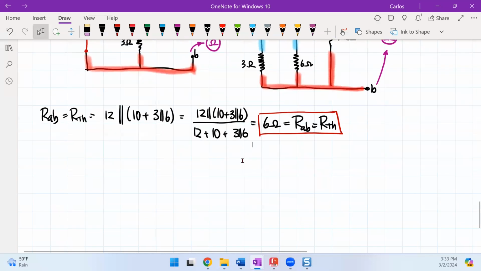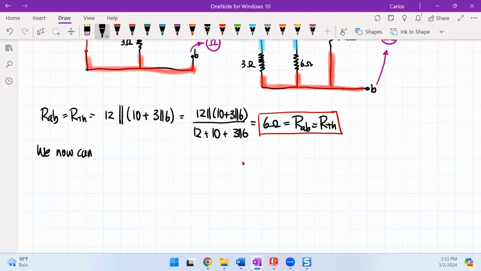Now we have everything. In other words, we now can calculate the details of the Thevenin equivalent.